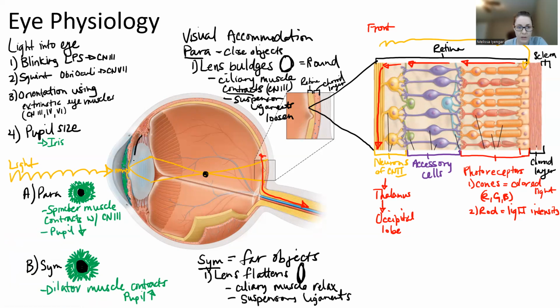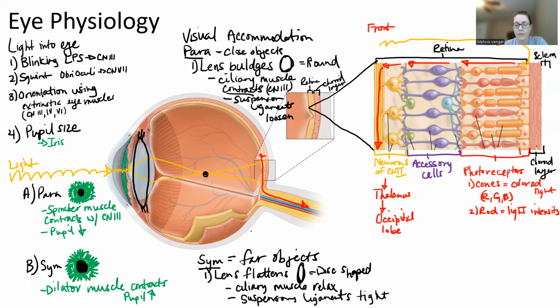So I need my lens to be flatter, more disc shape. It's like a disc shape. So if we're going to do that, then we have to pull on the lens, which means our suspensory ligaments have to be tight, which is what taut means if you're reading the lecture.